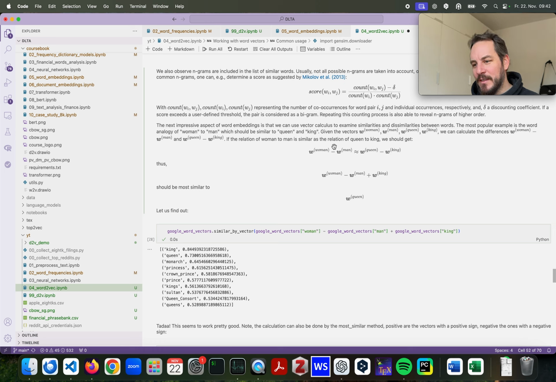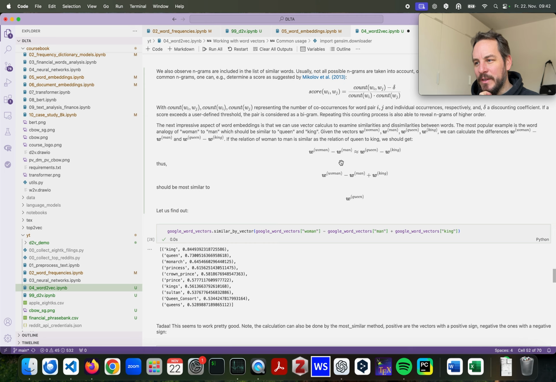So if we know that those are vectors, and we know that we can subtract or add vectors, and we treat this as an equal sign for a second, we can reformulate this. We can add king on both sides. So we would have woman minus man plus king, and that should be equal to the vector of queen, or at least approximately equal or close to that.